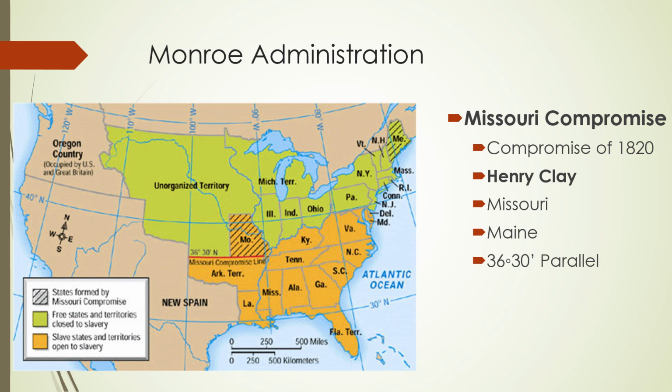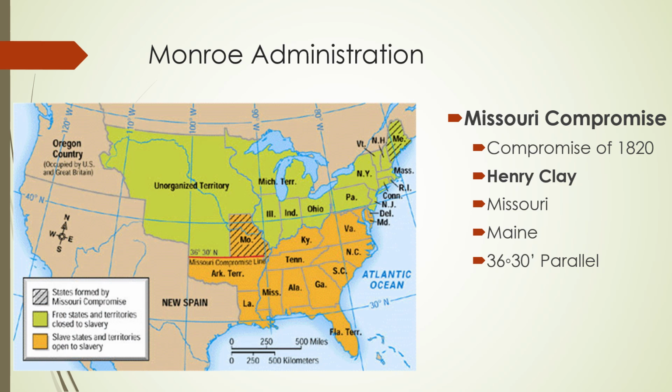But now Missouri wants to join the Union. It wants to become part of the United States. We know that the northern states are not advancing slavery. Slavery is pretty much dead in the north. It's alive and well in the south. But if you look at Missouri, it is right in the middle of the United States.